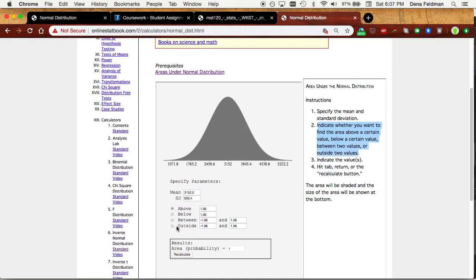So I'm interested in knowing below. Again, less than 2495 is the same as below 2495. So I'm going to change that number that's written there to the number I'm interested in, below 2495. And notice I selected that circle.